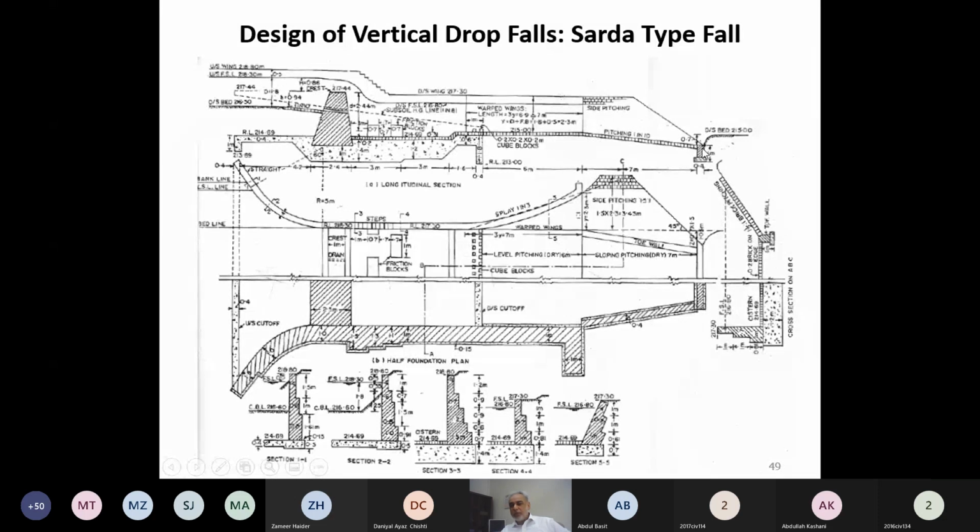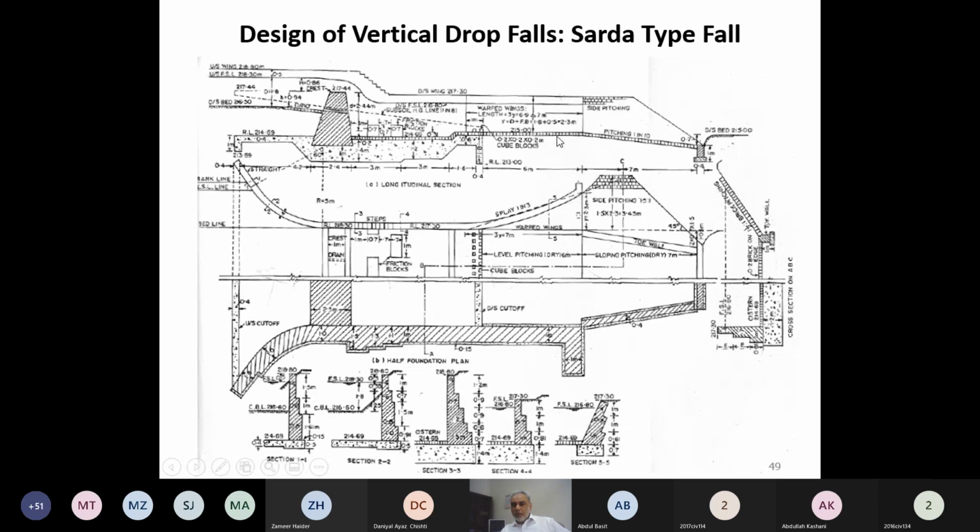The last part of this pitching is given a downward slope of 1 into 10. And then the last curtain wall will be provided over here. And then the normal bed will be located over here. So this is the detailing of what we call a vertical drop or Sarda type fall.